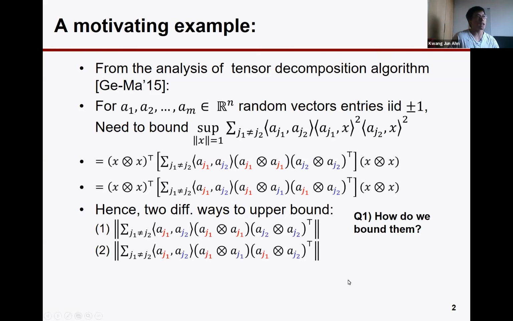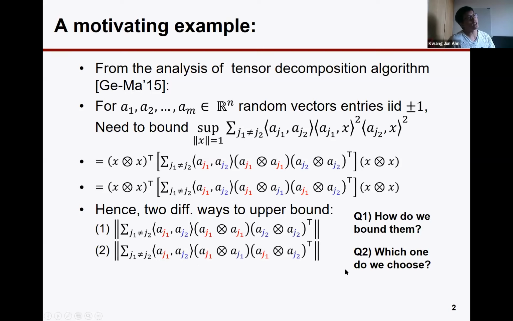Even if you manage to come up with some upper bound with some hard work, it's not sure which one to choose. It might be the case that you do really hard work and come up with an upper bound for the first one, but it turns out the second one is the ground truth, the better answer, and you should have done the analysis for the second case.